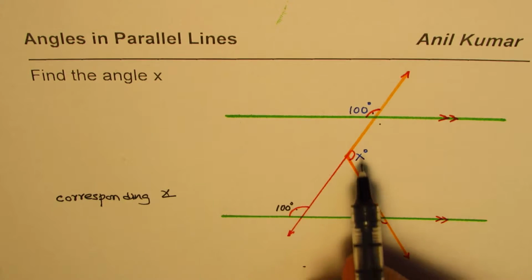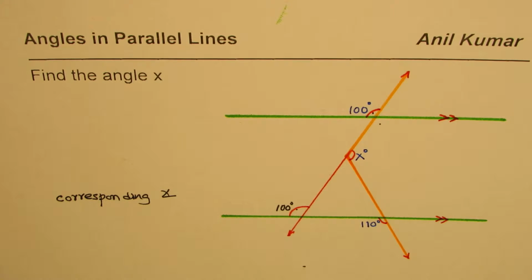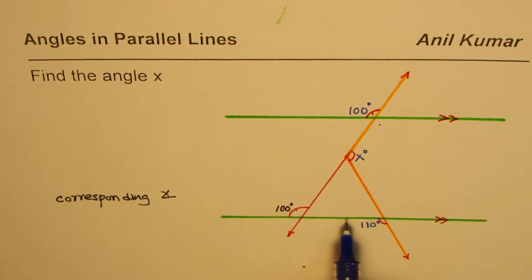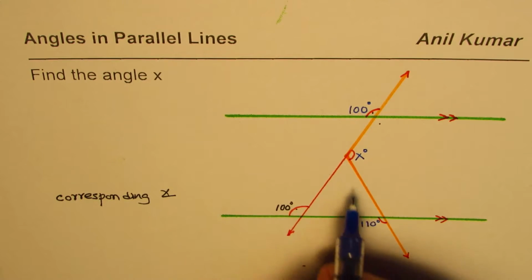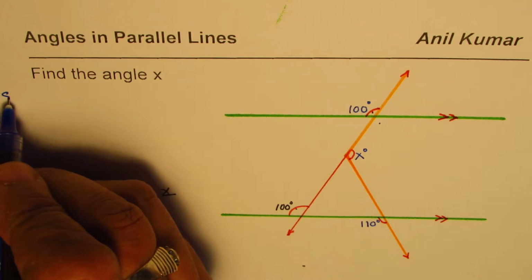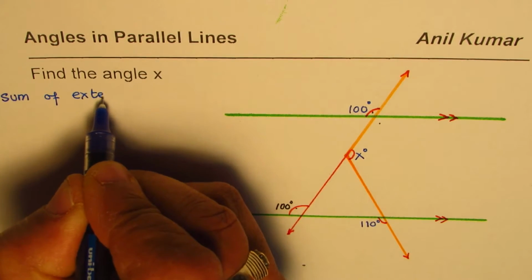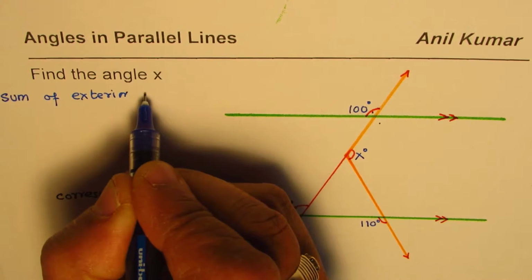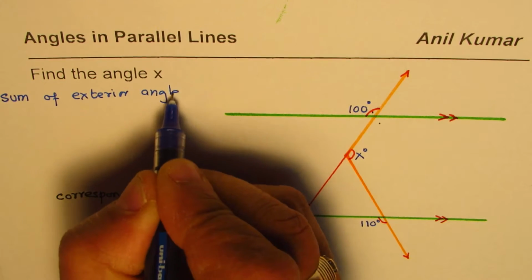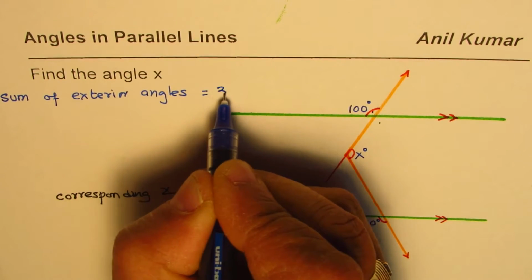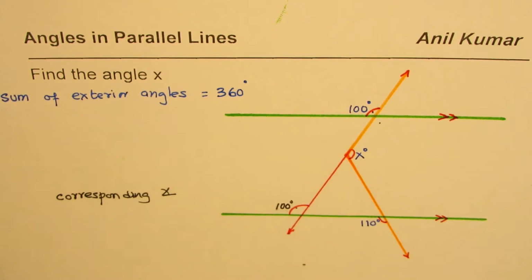Now from here, can you find x? This is one method of finding x, and this is probably the fastest way of finding x. What we have here is a triangle. Do you see a triangle? Now you can apply the knowledge that in a triangle, the sum of exterior angles is always equal to 360 degrees.